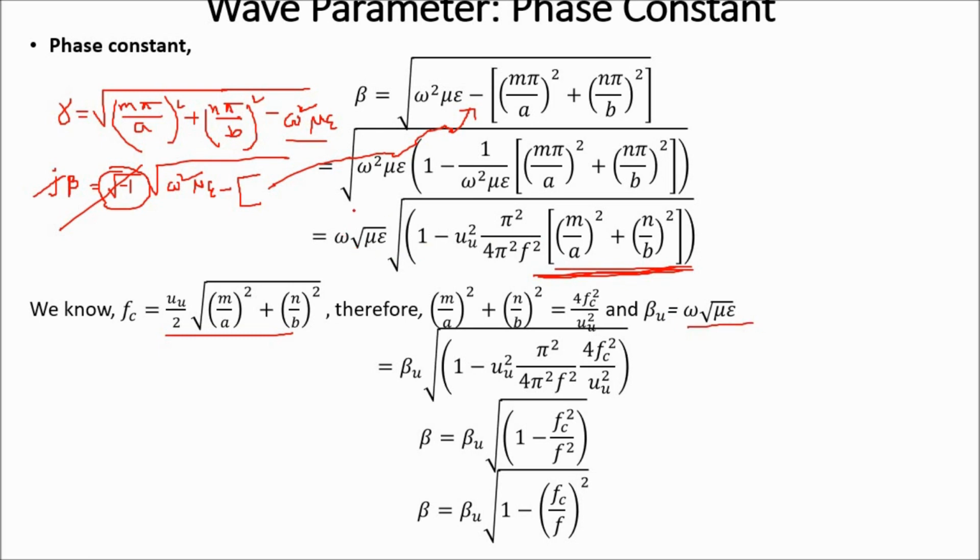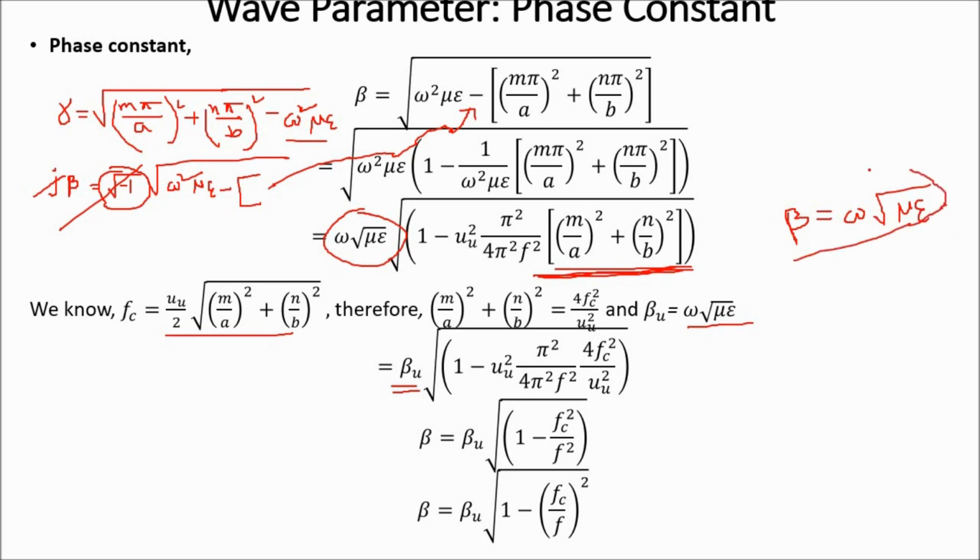So this part we replace with beta u. Beta u is the phase constant in unbounded medium. So if the waveguide is filled with a dielectric and that is unbounded, you know the beta expression we found for dielectric material.